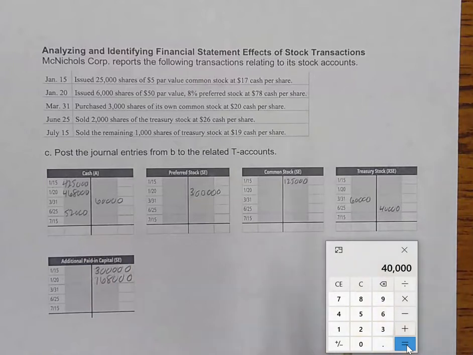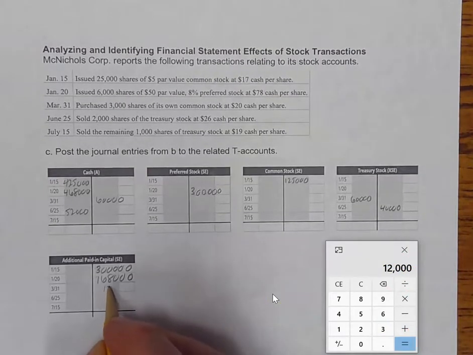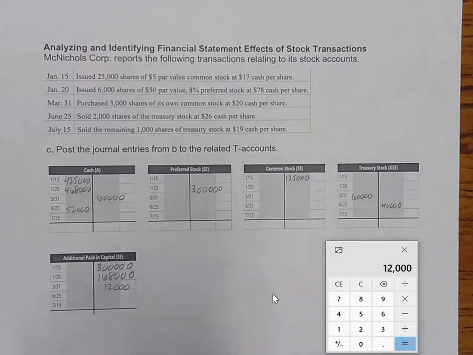Sounds to me like we have a gain, right? Wrong. We're not allowed to recognize gains or losses on treasury stock transactions. But what we can do is say the cash is $52,000, which is more than the reduction. So the difference between the $52,000 cash and the $40,000 treasury stock that we sold back to the public is $12,000. And so that would be a credit to additional paid in capital.